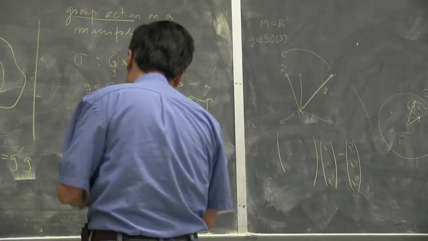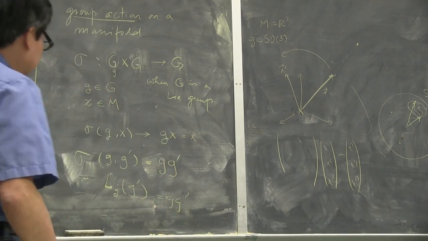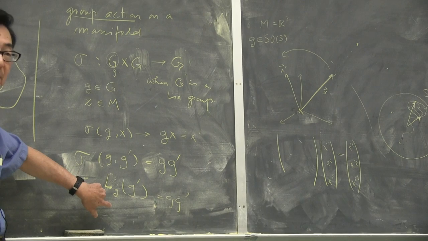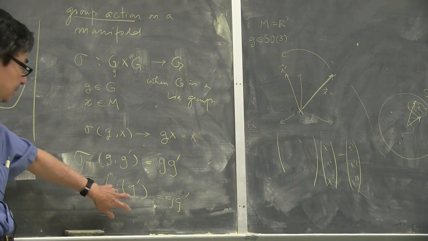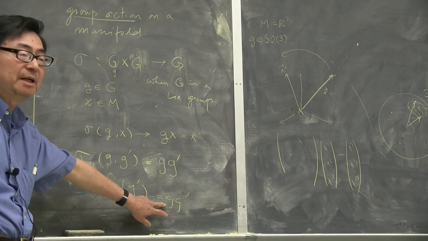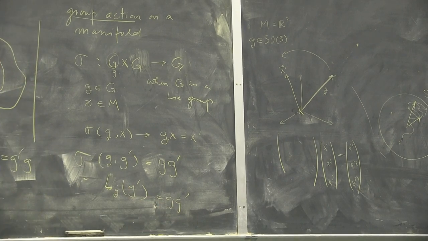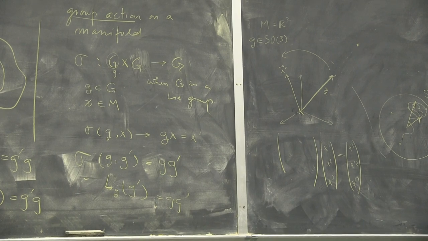You can also write, just to be more specific about this, the left action by something like this, where the letter L stands for left, okay? So left action by some G, acting on any G prime in the same group, is defined to be G multiplying on the left, G prime on the right. And you can define a right action by some G acting on any G prime as G prime G. And obviously the two actions are different, okay?